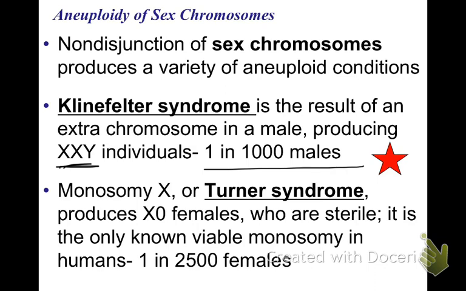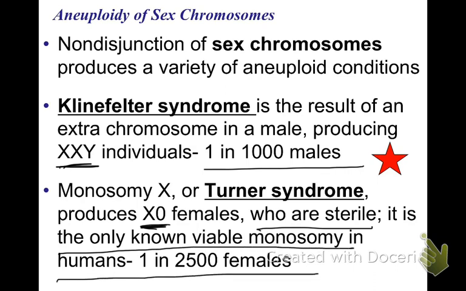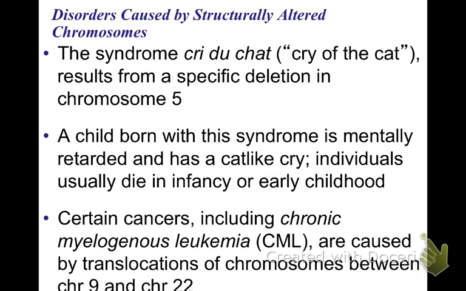Monosomy X or Turner syndrome produces an X0 wherein the females are sterile, but it is the only known viable monosomy in humans. It affects 1 in 2,500. Then you have trisomy X, wherein you have 3 X chromosomes. These females are slightly taller and have learning disabilities.